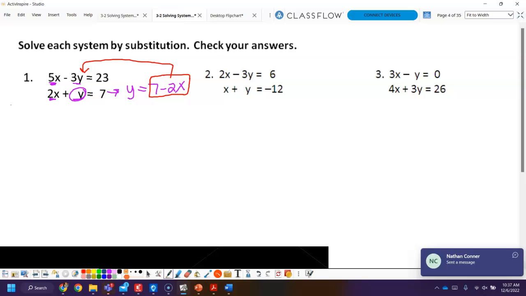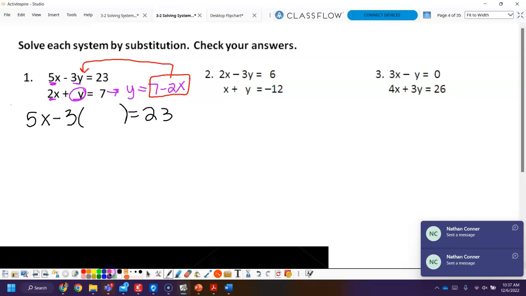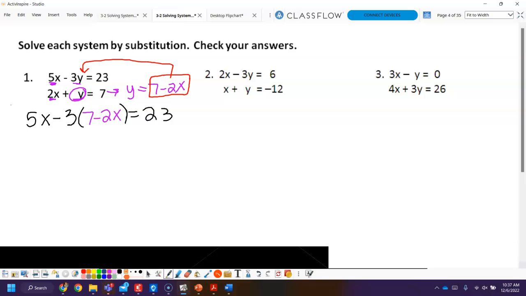So this is going to become 5x minus 3 equals 23, but now instead of y, we're going to replace it with 7 minus 2x. So now, my entire problem is in terms of x. So I can solve for x and get an answer.